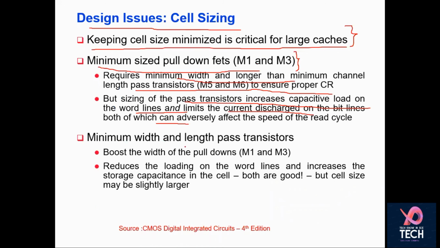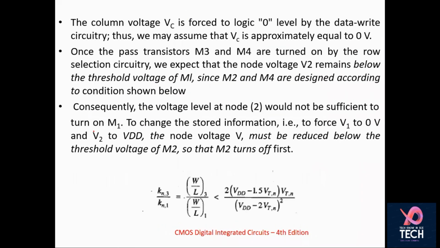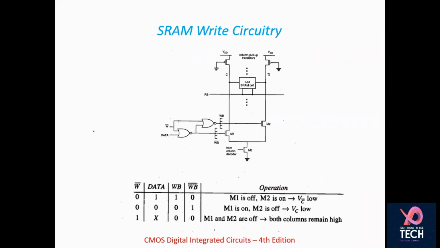And this is what is being discussed here. Cell size is being reduced to a greater extent, but not to a certain extent. There should be some limitations, which will be discussed in the future course, which you study after digital integrated circuits. So that's all as far as the SRAM basic cell is concerned.